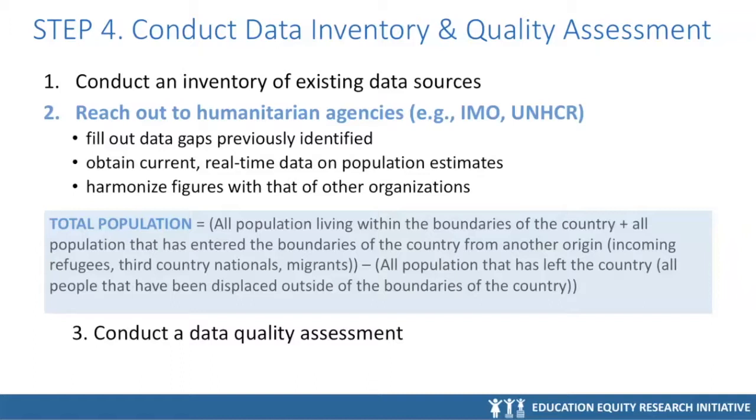It can also be very useful to obtain current and real data on population estimates, and in harmonizing figures with that of other organizations. One example to highlight here is the Displacement Tracking Matrix by the IOM, which established a very comprehensive system for collecting and analyzing data on the number of IDPs, and sometimes on their demographic profile.